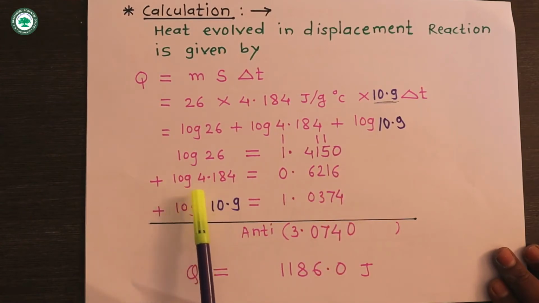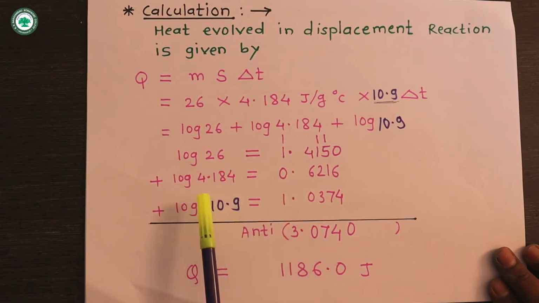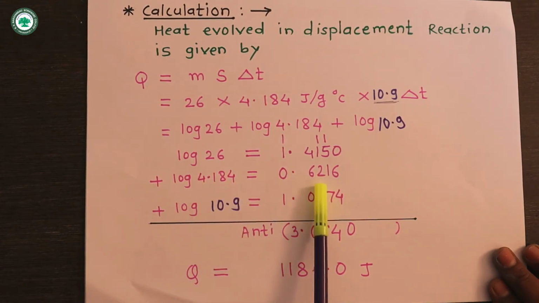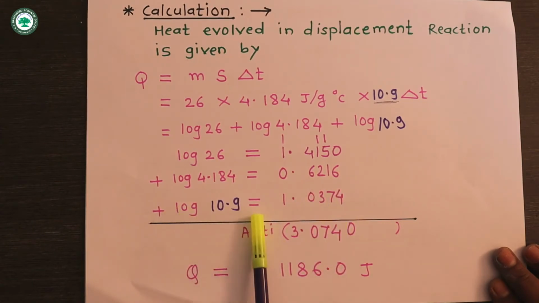Now plus log of 4.184, before this point only 1 digit is there, so 1 minus 1, 0 is the characteristic of this number, and we have to see the log of 41 into 8 and difference in 4, and that total log is found to be 6216. Plus log of 10.9, before this point 2 digits are there, so 2 minus 1, 1 is the characteristic of this number, and we have to see the log of 10 into 9, and that is found to be 0374.